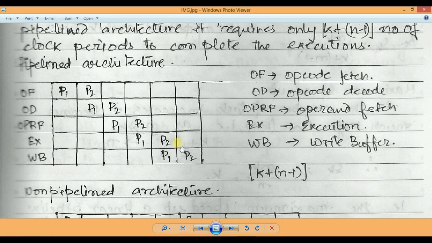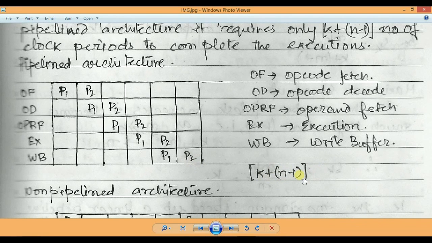How did I realize this? As you can see, process 1 takes k clock periods, right? Here k is 5. It is 5 clock periods. And process 2 gets over at k plus 1 clock periods. So if you follow the formula here, k plus n plus 1, which is not true, n plus 1 means how many?